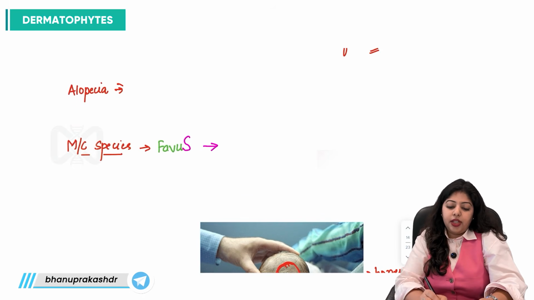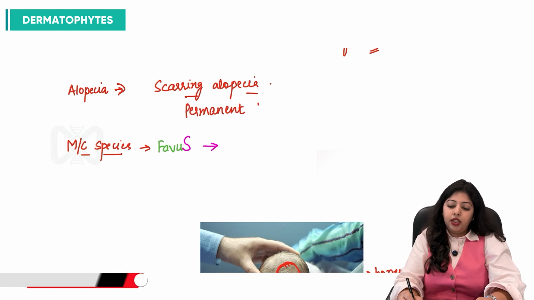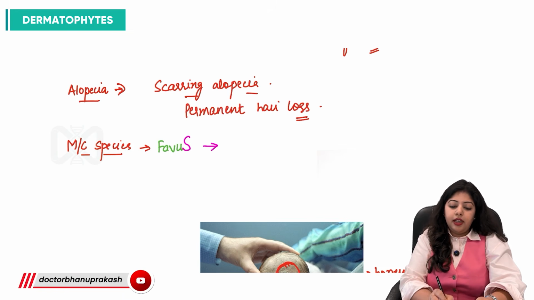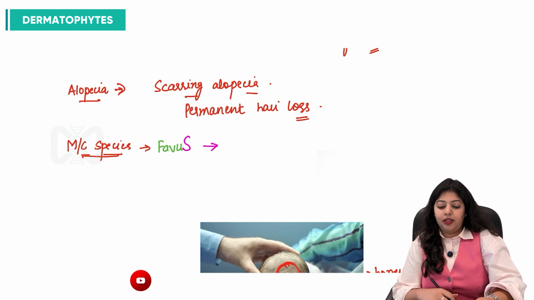So the alopecia, again, is going to be scarring alopecia, and there's going to be permanent hair loss.